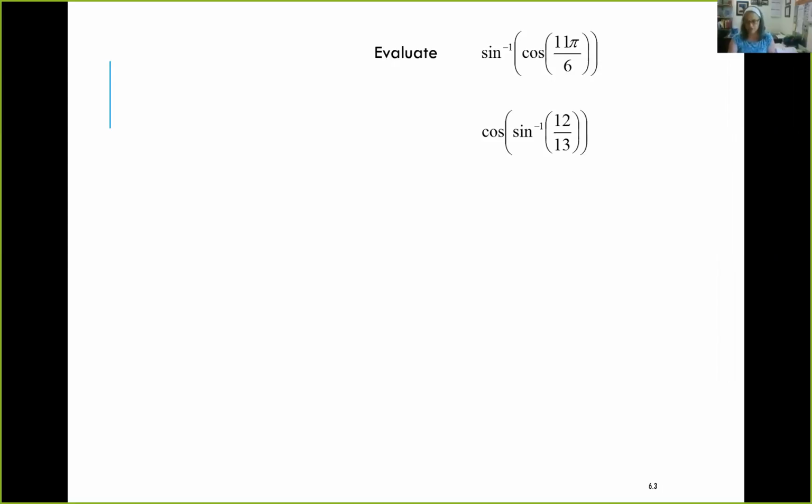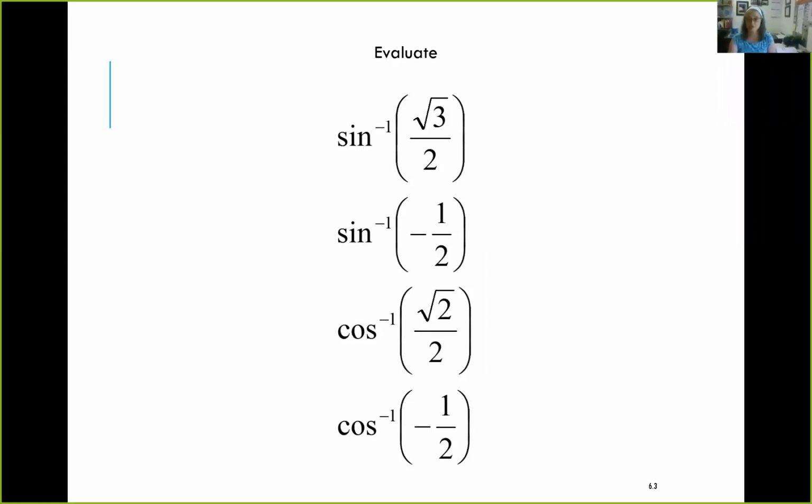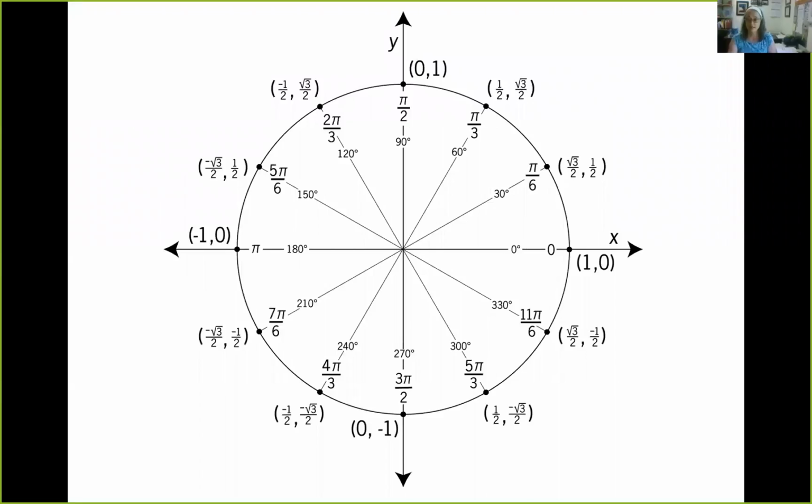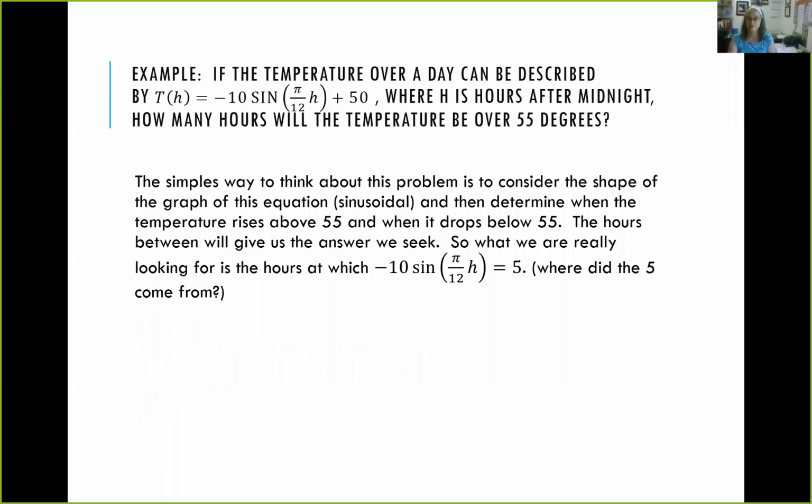That sounds familiar, right? Let's take a look at my unit circle. My unit circle says that at 11 pi over 6, my cosine is root 3 over 2, and my sine is negative 1/2.